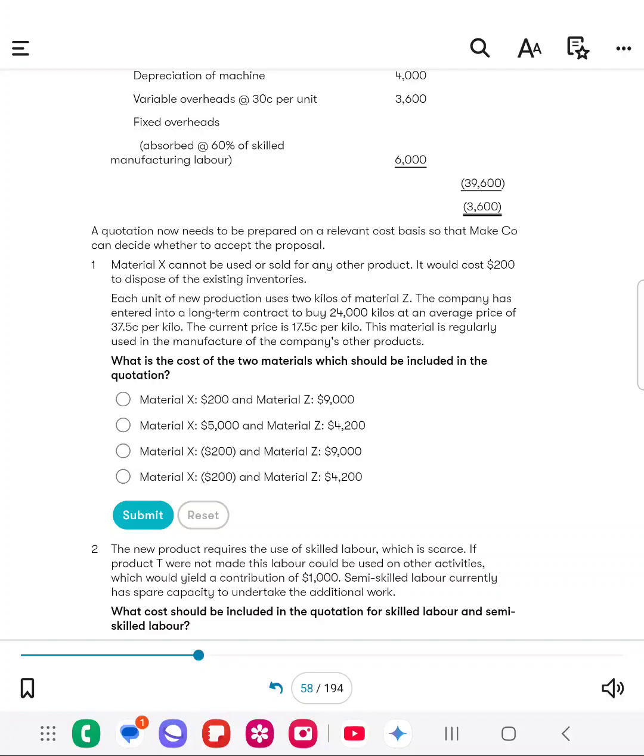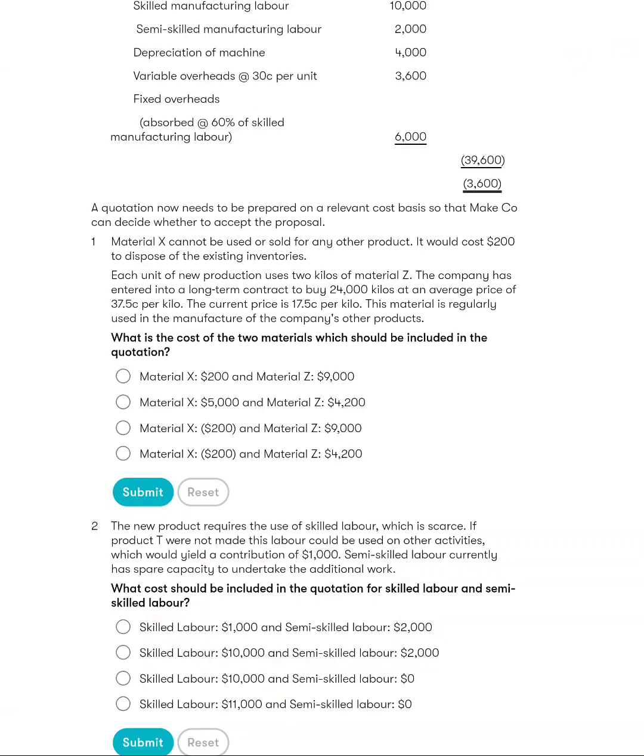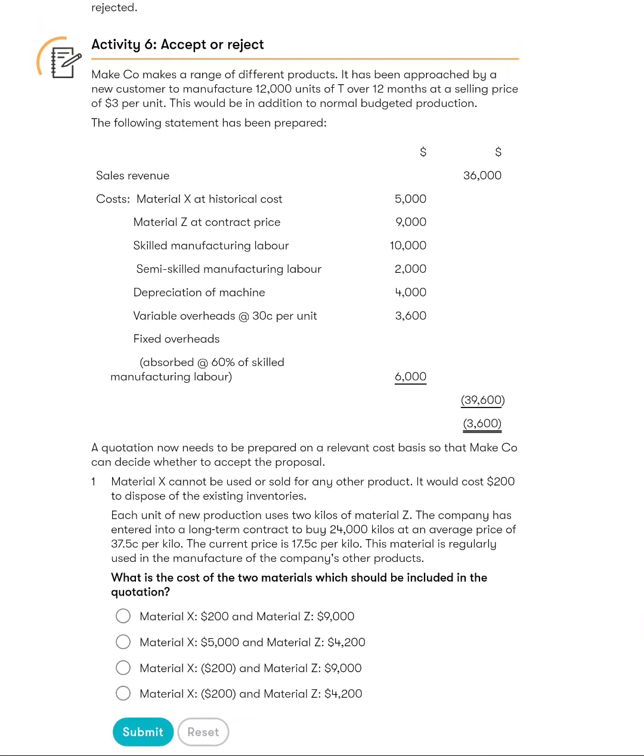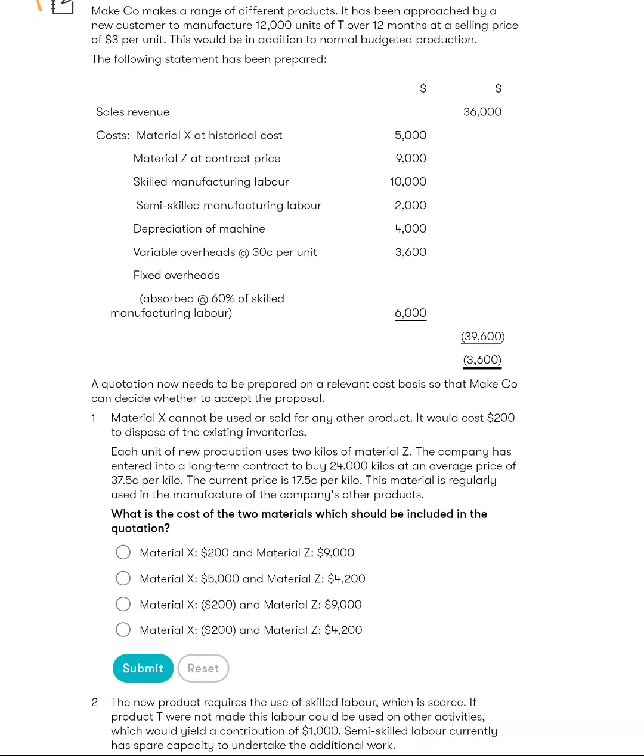Then we have been given four options. Okay, so let's read this again. So whatever cost has been given in the statement in this question is irrelevant because this seems to be a sunk cost.